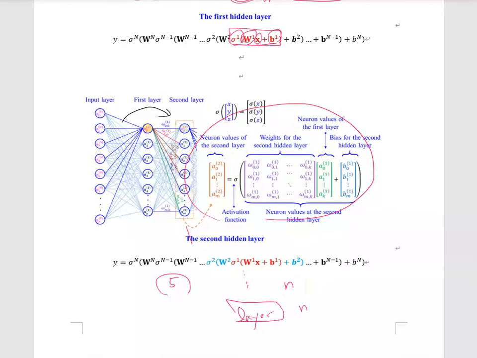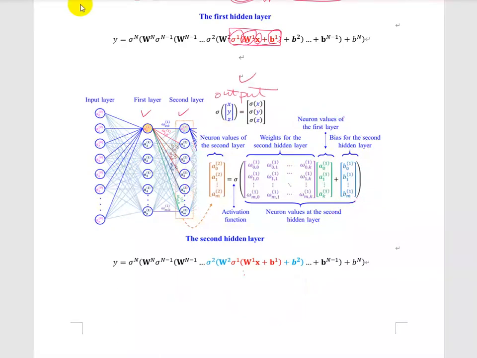When you have 3 hidden layers and 1 output, then you have 3 plus 1 matrix formulations. So we have the first, second, third hidden layer, and we have the output layer.